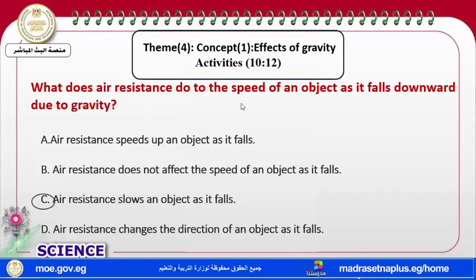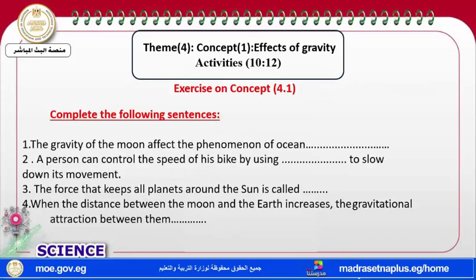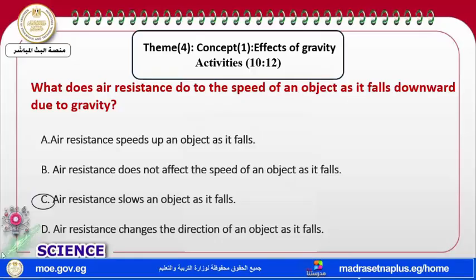If the air resistance speeds up the object, of course no. If the air resistance doesn't affect the speed, no. If the air resistance slows down the object, that's the true one. Does air resistance change the direction of the object as it falls? No, that's gravity. Gravity changes the direction, but air resistance slows the speed of the object.